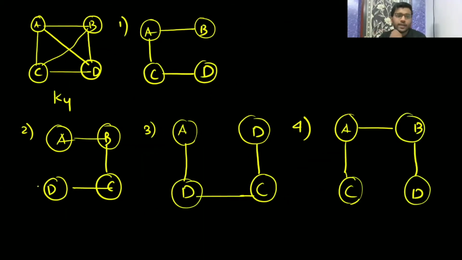So if it is having a K4, 1, 2, 3, 1, 2, 3, 1, 2, 3. So one way is this, B, D.